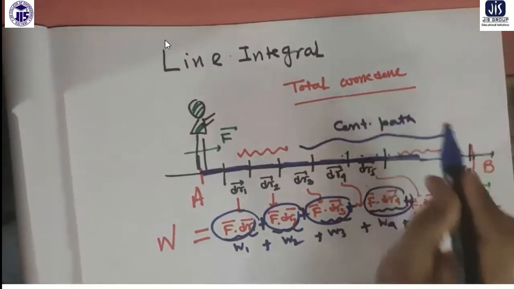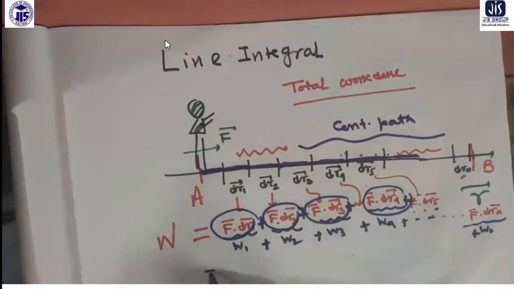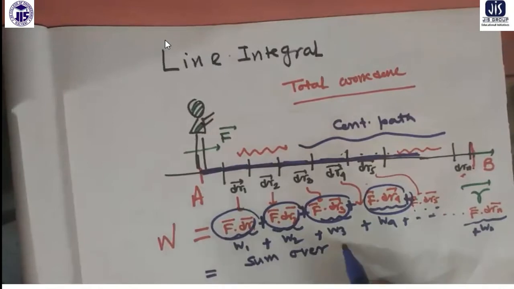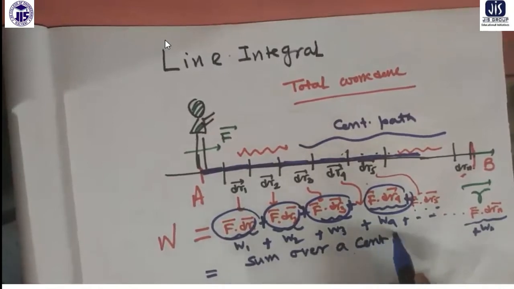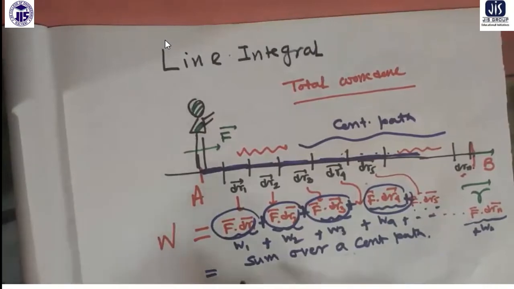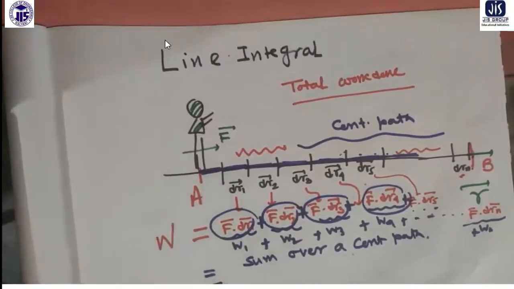So you are doing a summation over a continuous path, and you know, summation over a continuous path is called an integration. So we can express this as an integration.